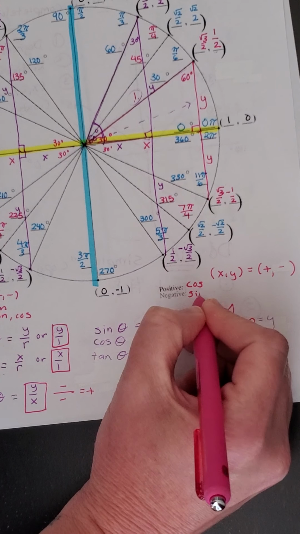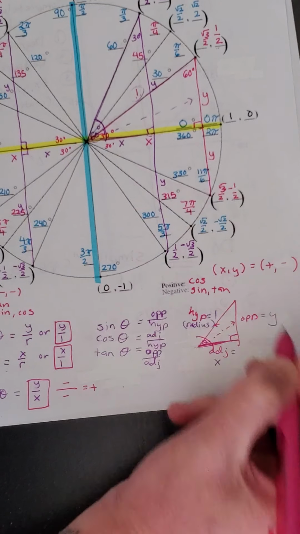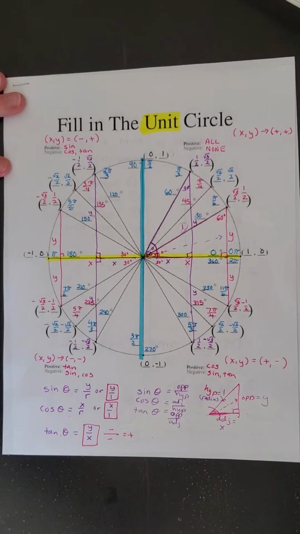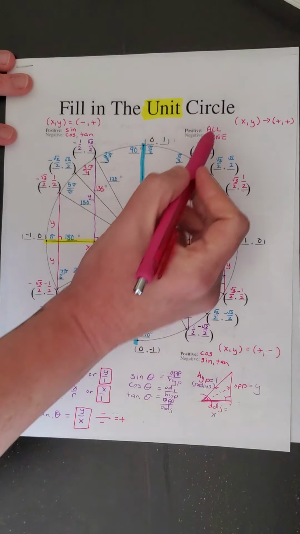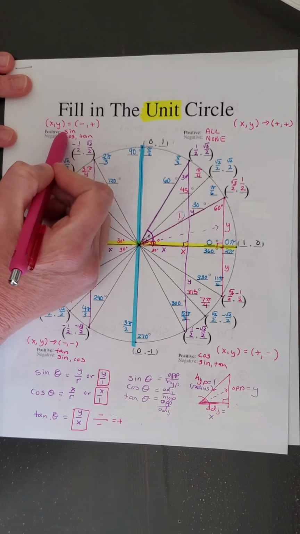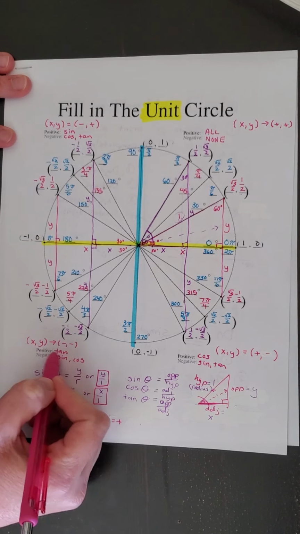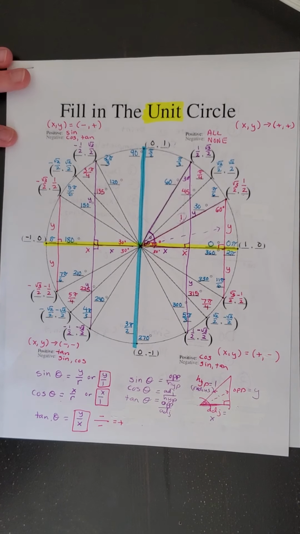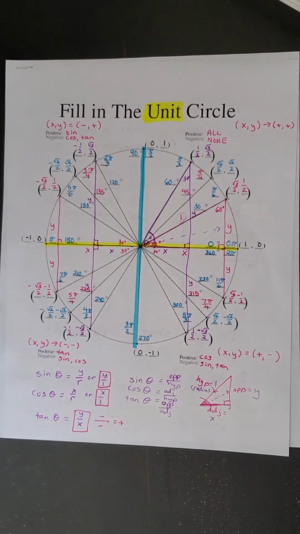There's a little saying to remember which functions are positive in which quadrant: All, S for sine, so all students, T, take, C, calculus. All students take calculus. It helps you remember which functions are positive or negative in each quadrant.